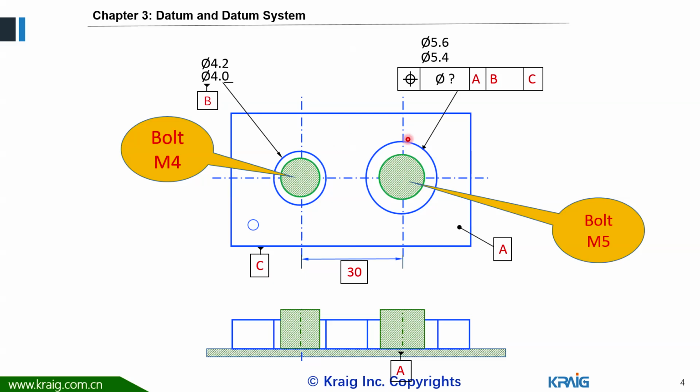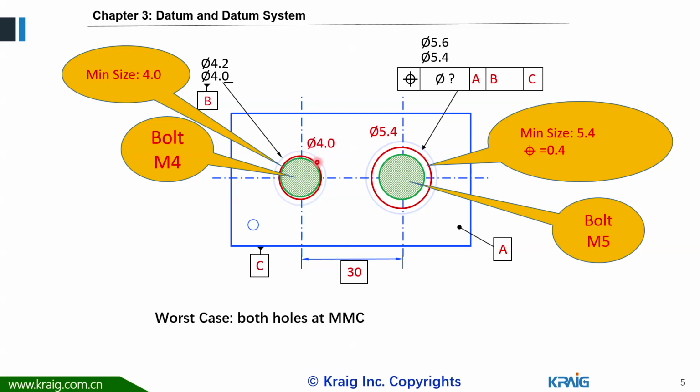The worst case is the smallest hole for both. For the datum B, the smallest hole is 4.0. This is worst case. For the tolerance feature, the worst case is 5.4. This is worst case. And then it's easy to calculate the position value.